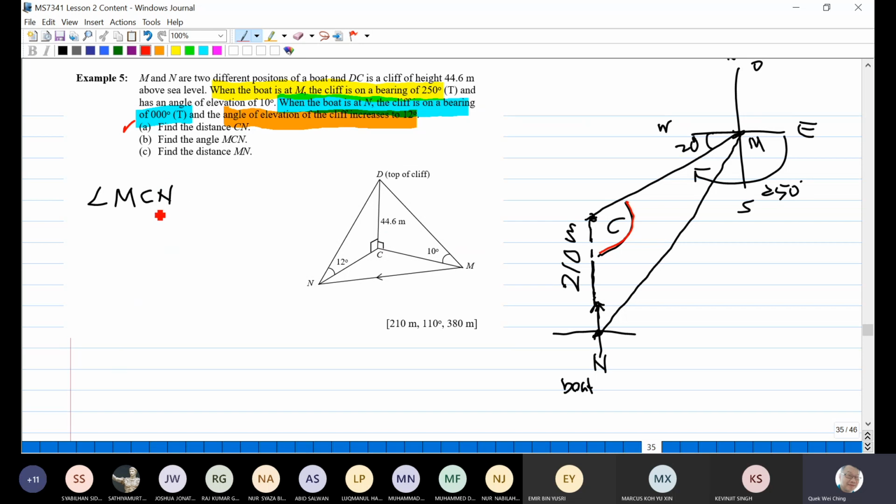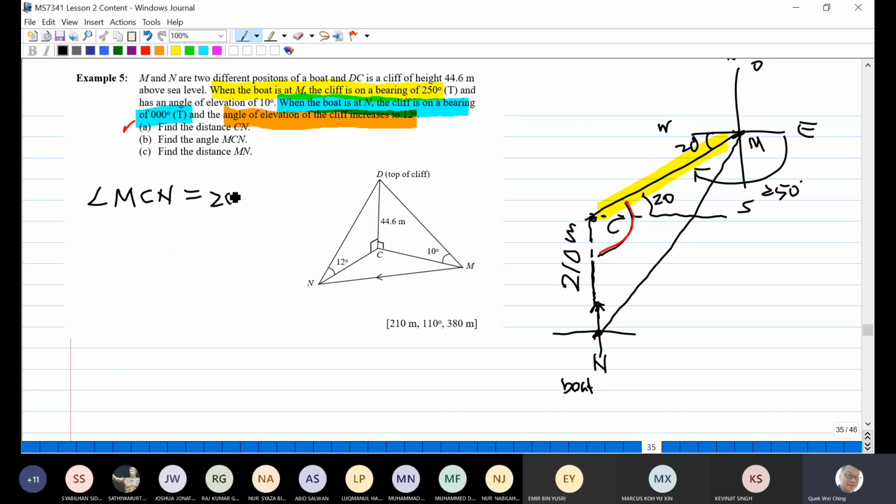So what is this angle? There are actually two portions here. One of them, how much is this one? I can use the 250 here, so this one comes from the yellow portion. This angle is 20, right?